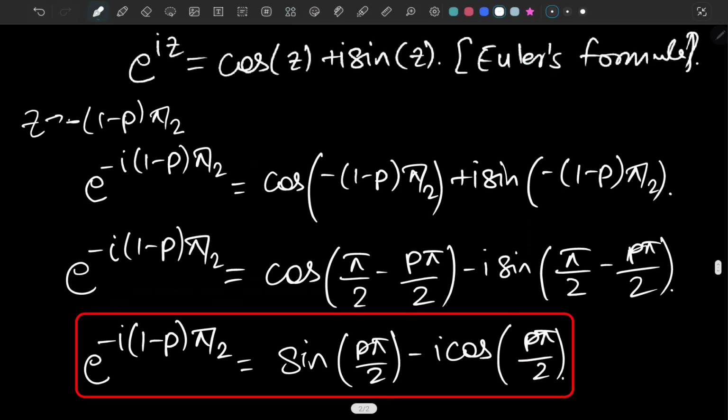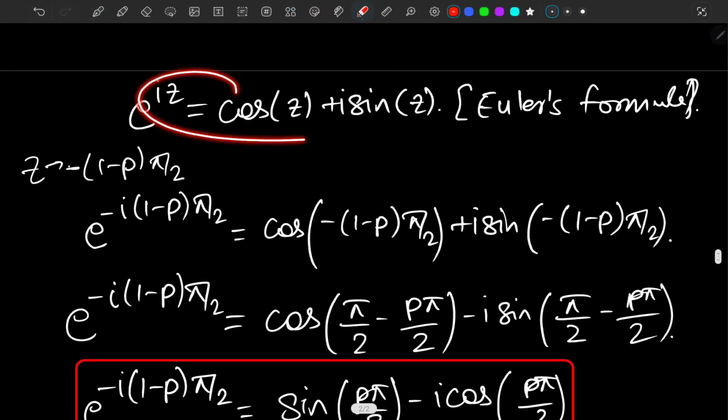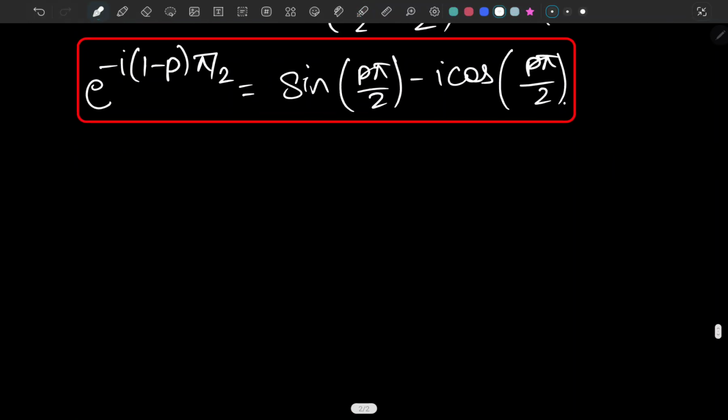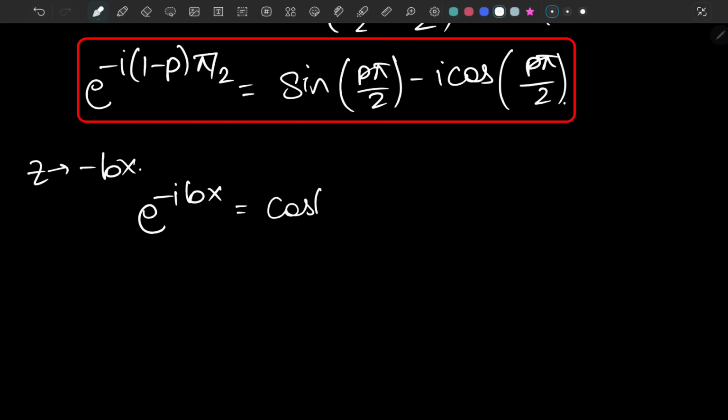And if we talk about the same formula, if we replace z with minus bx, it's going to be e to the minus i bx, which is cosine of minus bx plus i sine of minus bx.